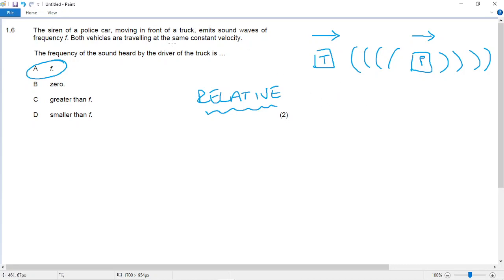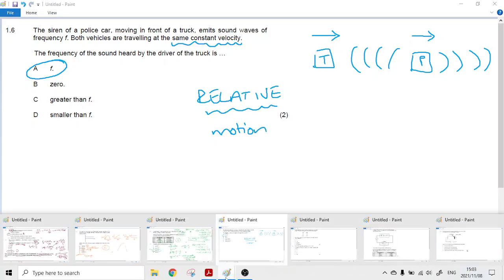But if you are moving at the same velocity, the distance between you never gets bigger or smaller, you never get closer or further apart, and therefore the sound waves reach you exactly as they are propagated. So you hear exactly the same frequency. It's only when there is relative motion that you can get the Doppler effect. Something must be approaching or moving further from something else.